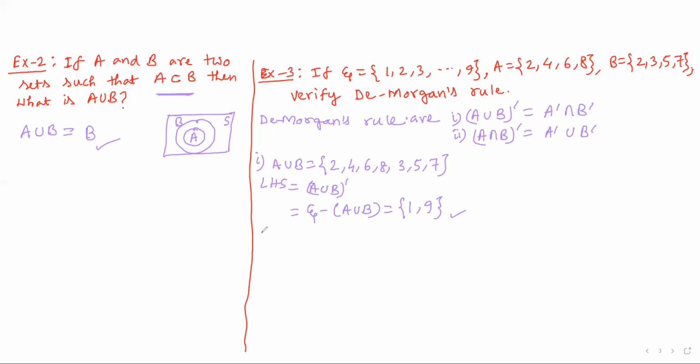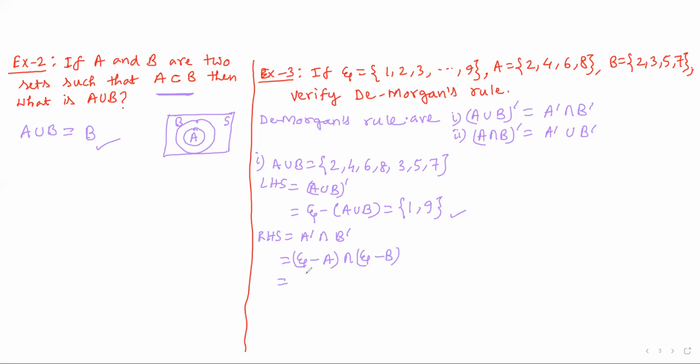Now I will check the right hand side portion. The right hand side expression is A complement intersection B complement. A complement means, according to the definition of complement, universal set minus A set. B complement means universal set minus B set.